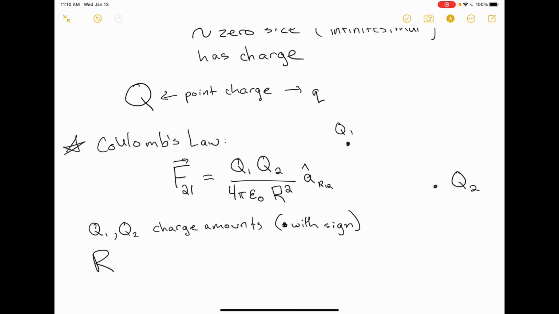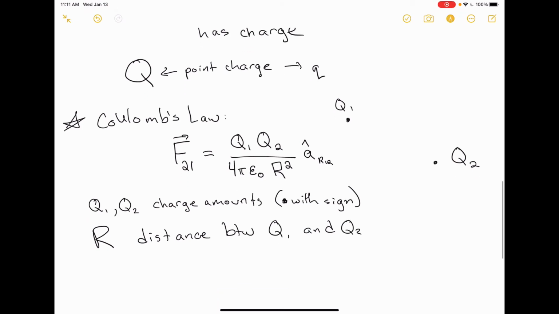Big R is the distance between Q1 and Q2. And that unit vector, a hat r12, is the unit vector pointing from Q1 to Q2.